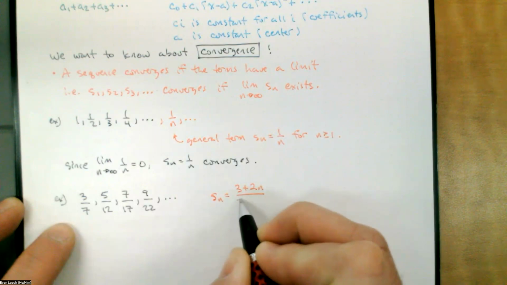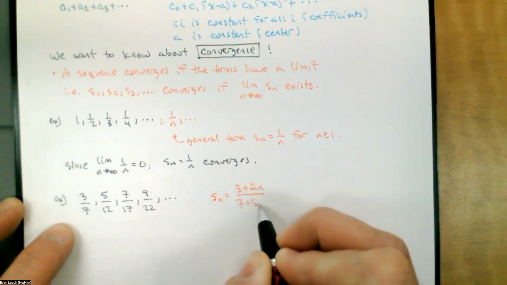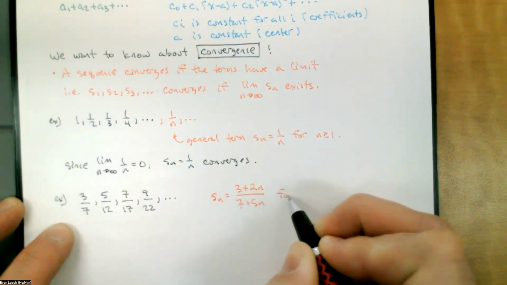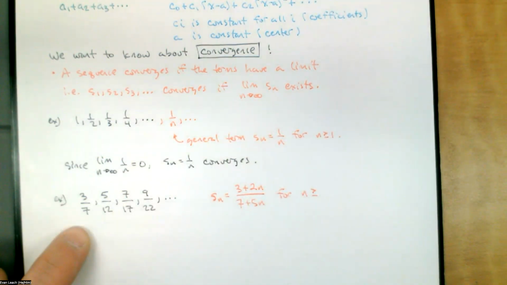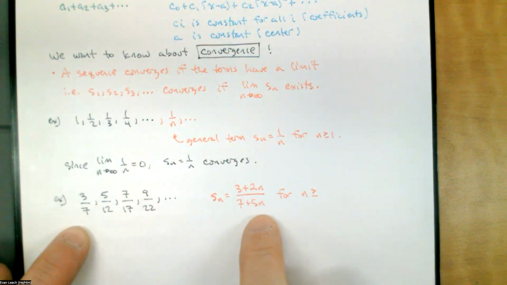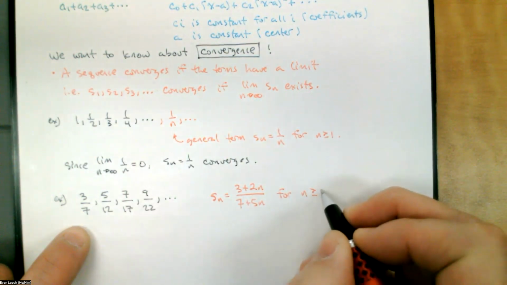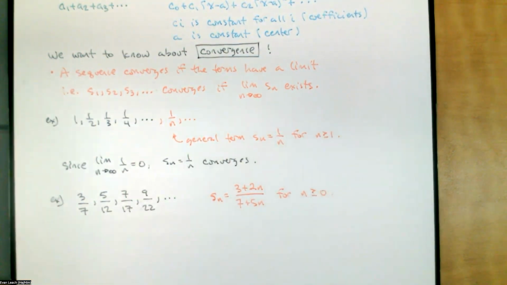And in the denominator, we start off at 7 and add 5 every term. So we start off by adding 2 and 5 zero times, so n greater than or equal to 0. There's the general term for the sequence.